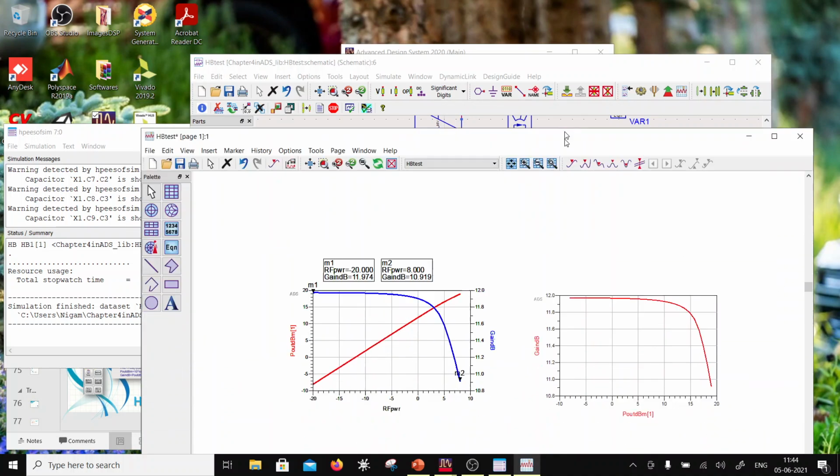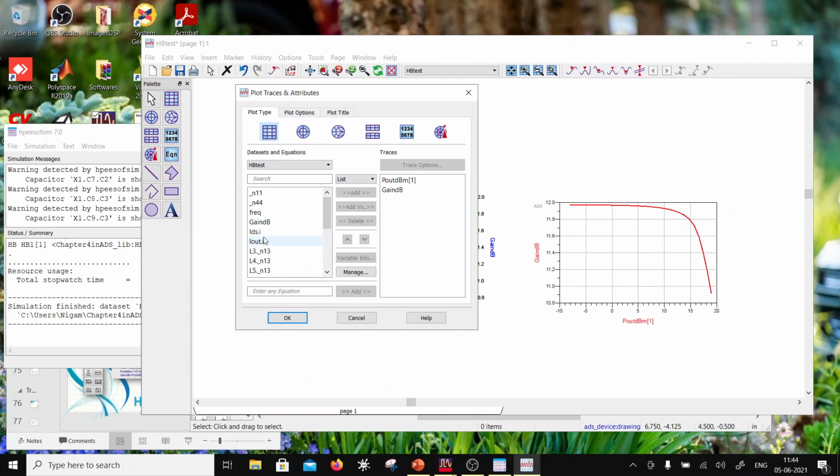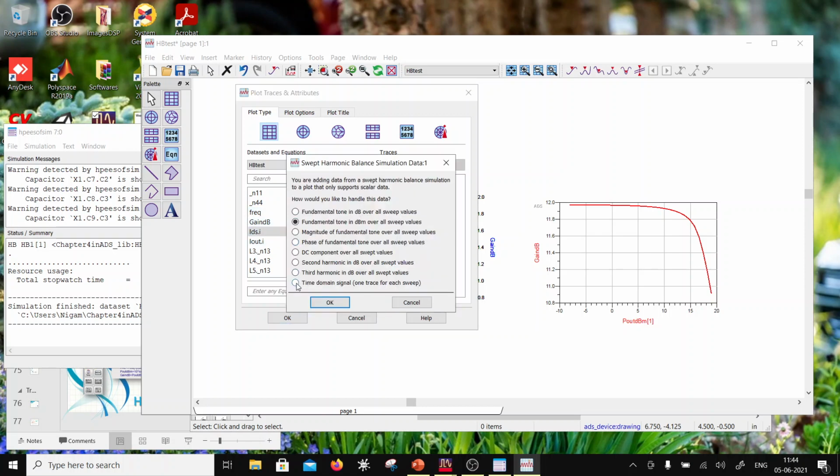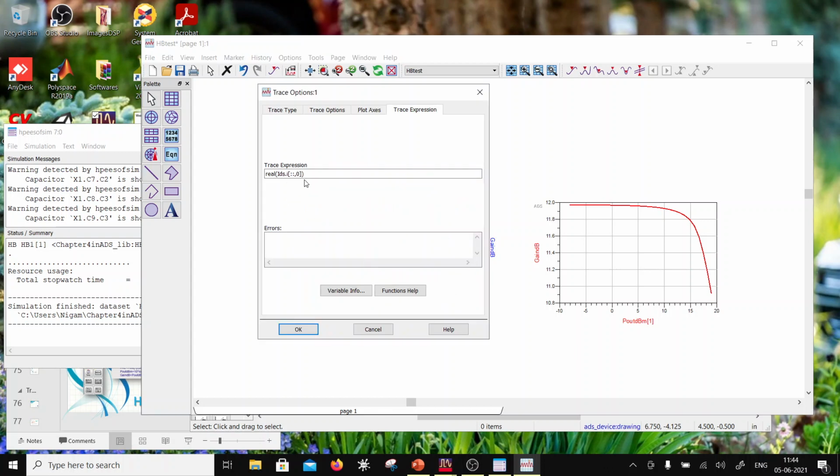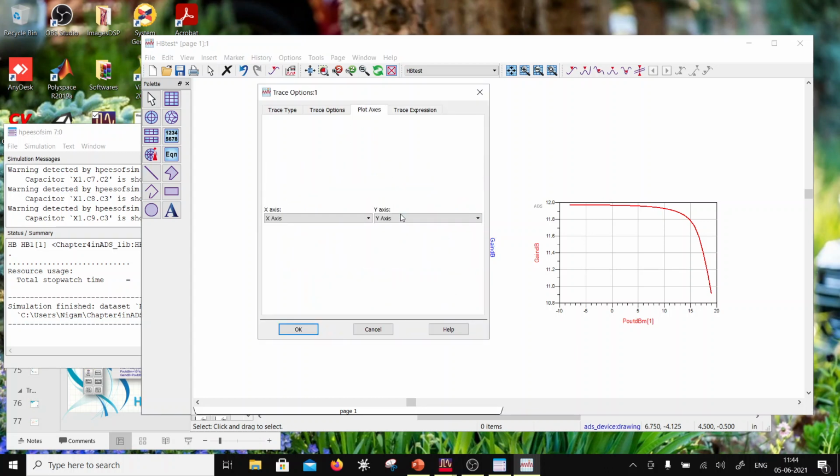So let's put IDS I0 here. Let's see what is happening to the current. IDC, IDS. I want to look at the DC component. So that's the DC component, and I'll put it on the right hand side axis.